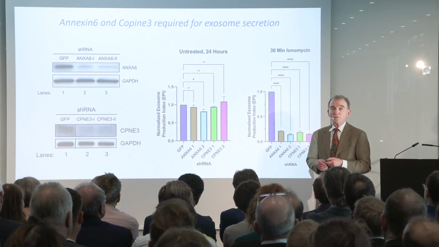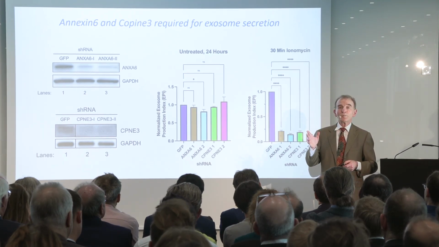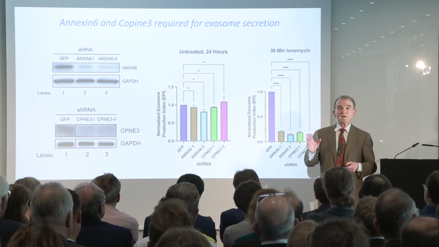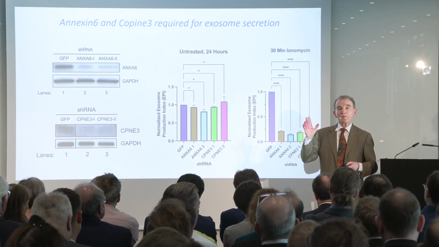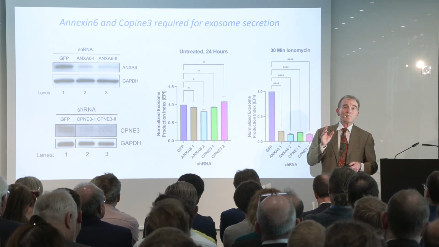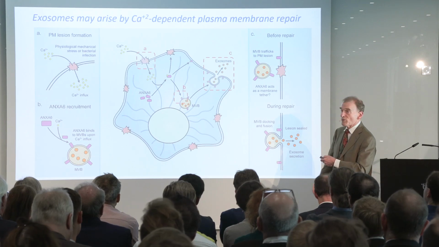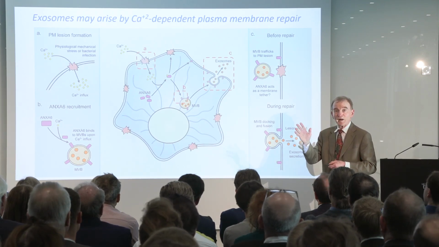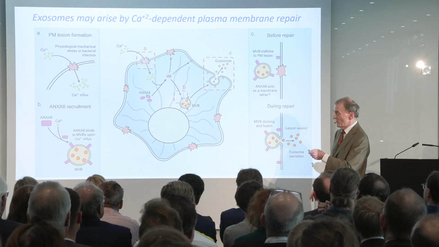So we conclude from this set of experiments that these 2 proteins, likely more annexins, are required at least for the secretion of exosomes, and we believe that is as a result of the mobilization of multivesicular bodies to the cell surface. So let me then just summarize this part of the story before I tell you about the other pool of vesicles that are released in even more dramatic fashion.